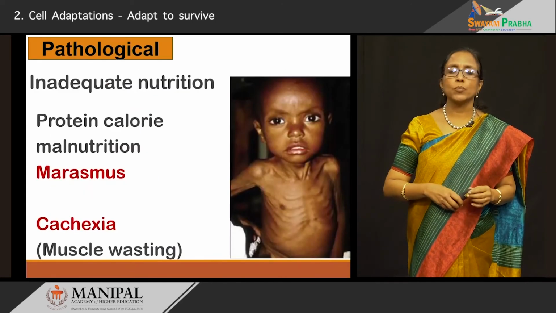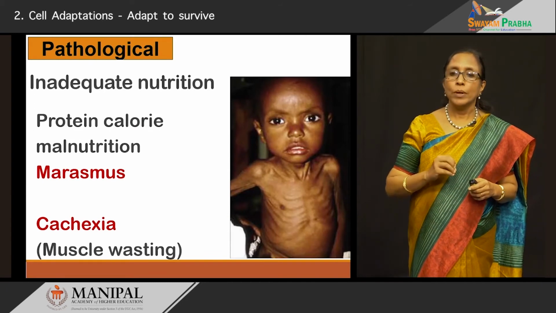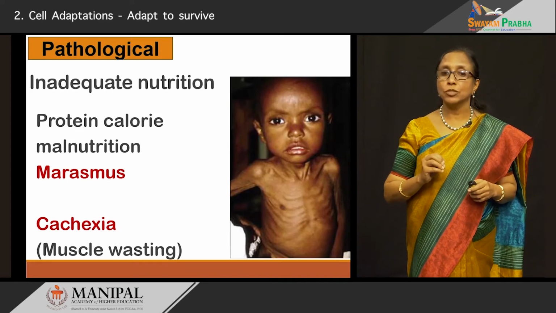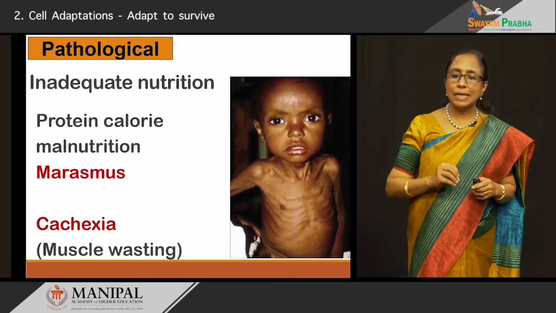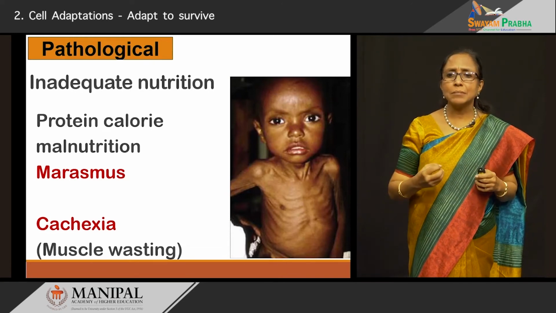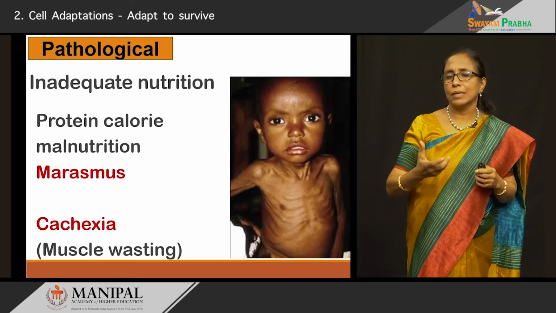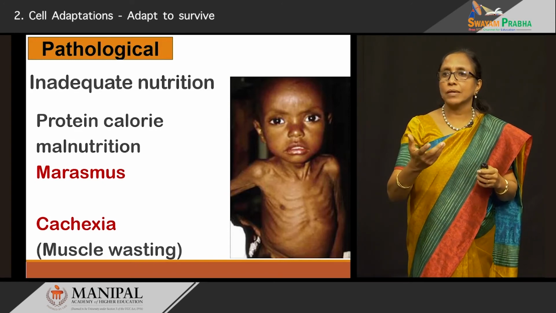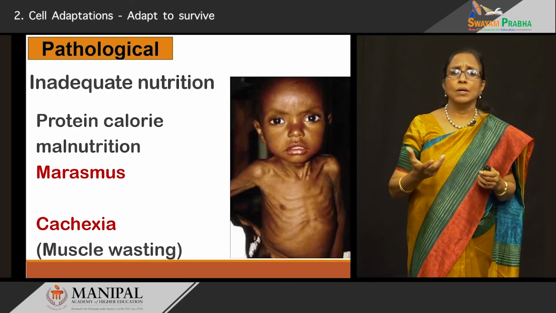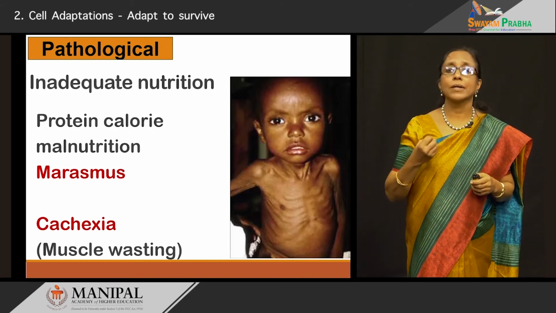The next situation is what we consider as inadequate nutrition. When the nutrition is inadequate, like what we see in protein calorie malnutrition, we see that child who has marasmus. We can see the bones, but the skeletal muscles are all atrophied and thinned out. In lay person's terms, we would say skin and bone appearance. So, where have the muscles gone? Because of the inadequate nutrition, the muscles have all undergone atrophy.